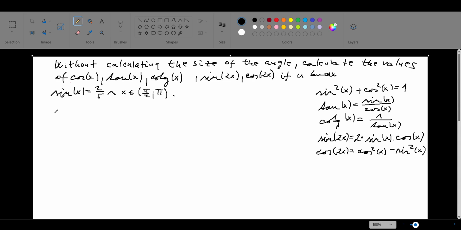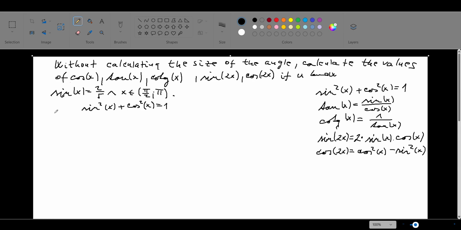So let me do it this way. I will first rewrite the Pythagorean identity to a formula which can be easily used to calculate the cosine of x. The Pythagorean identity says sine squared of x plus cosine squared of x is equal to 1.